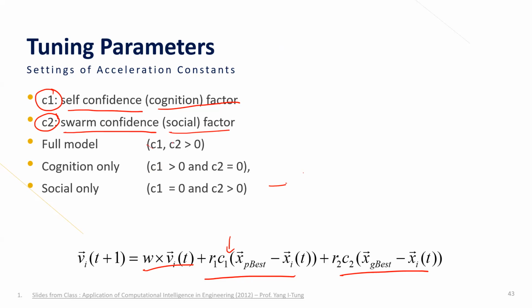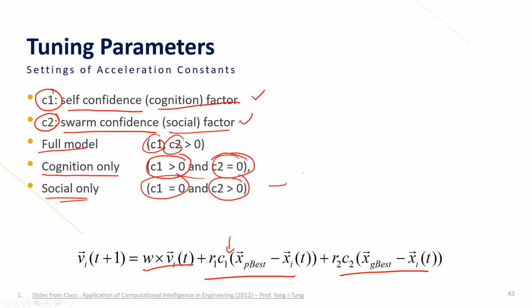If you consider both factors, we can put values for C1 and C2 that are both greater than 0. But if you want to consider the cognition only, your self-confidence or personal experience, then you set C1 greater than 0 and C2 equal to 0. And to check the social only, C1 is equal to 0 and C2 is greater than 0.